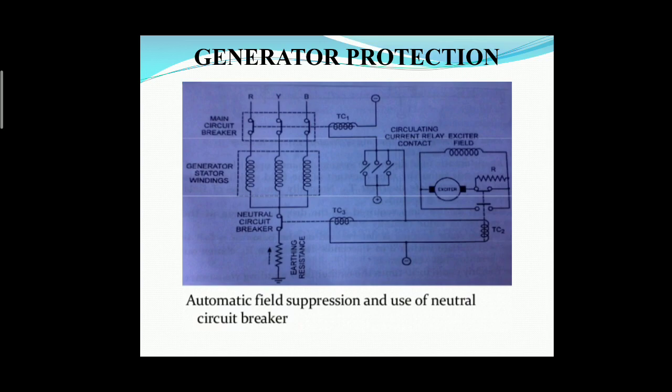Next are the rotor temperature alarms, then the automatic field suppression and arrangement of field suppression. These are all related to rotor faults. This is the complete rotor fault protection for the generator. Okay, thank you.